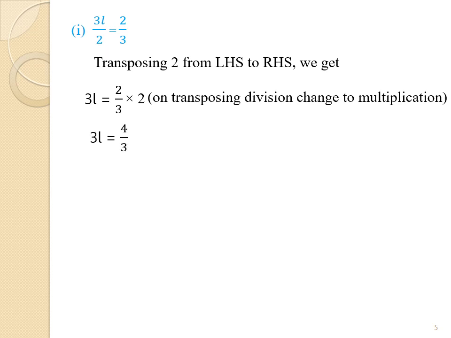Students, now to get simply L, we have to transpose 3 from left hand side to right hand side by changing its sign from multiplication to division. So, let's transpose 3. Now, transposing 3 from left hand side to right hand side, we get L equals 4 upon 3 divided by 3.